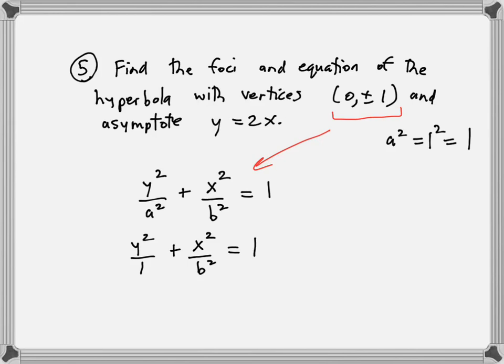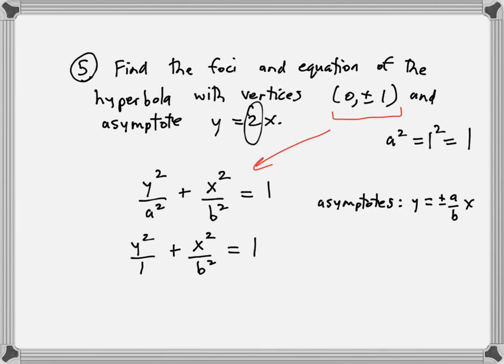And what are the asymptotes for this type of equation? Remember, the y came first in this one, right? So this is the swapped kind. So this means that the asymptotes are going to be y equals plus or minus a over b x.